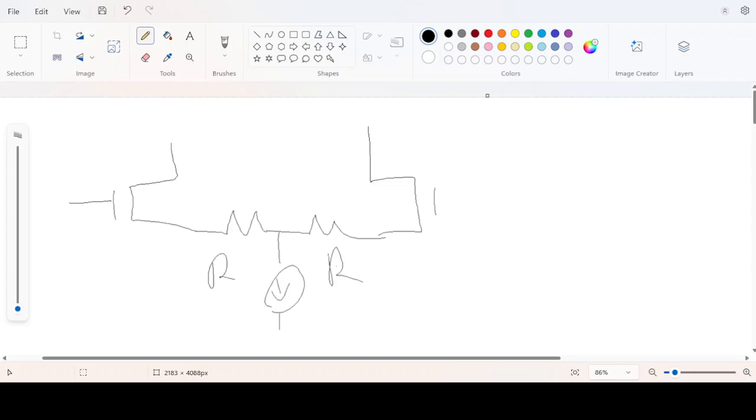The problem with this one is if you have a high amount of current, you sacrifice your output swing by using this resistor.